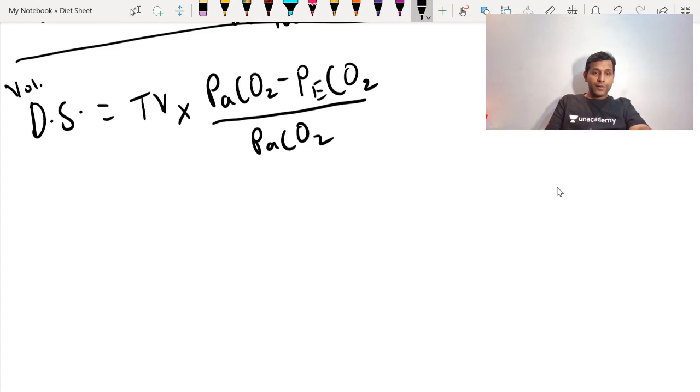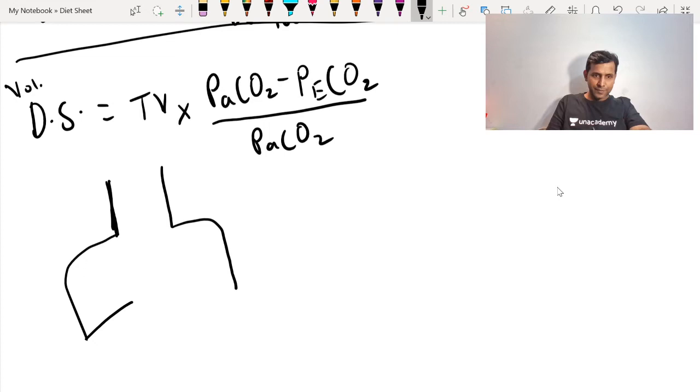Remember, when we talk about lungs, some part of the lungs has a dead space. So suppose you breathe in atmospheric air.